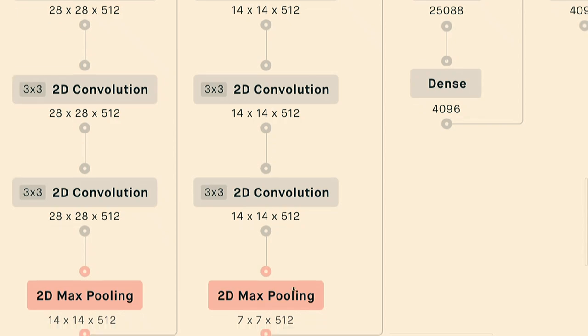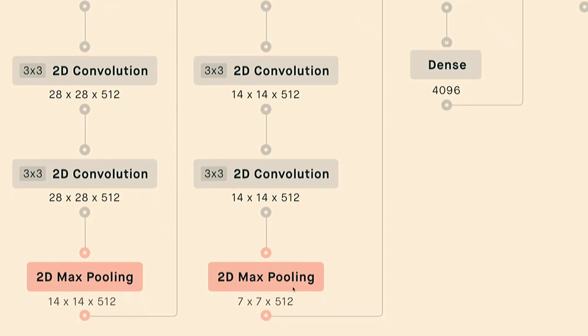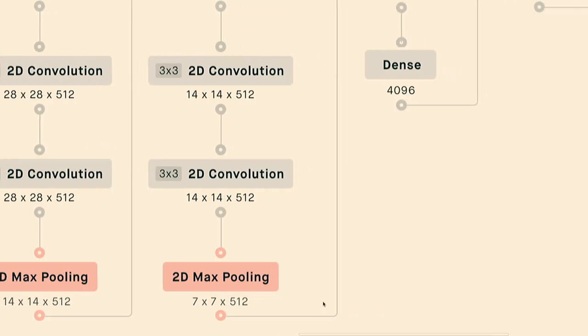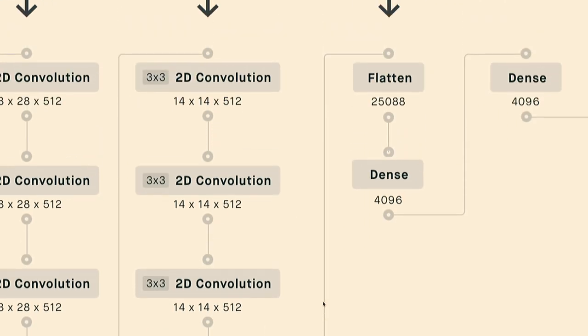So everybody's clear? Now at the output of the pulling, you have this 7 by 7 by 512, and when you do the multiplication, you get 25,088. This is the number of entries in that giant tensor at your very last pulling, and you flatten them into a vector.